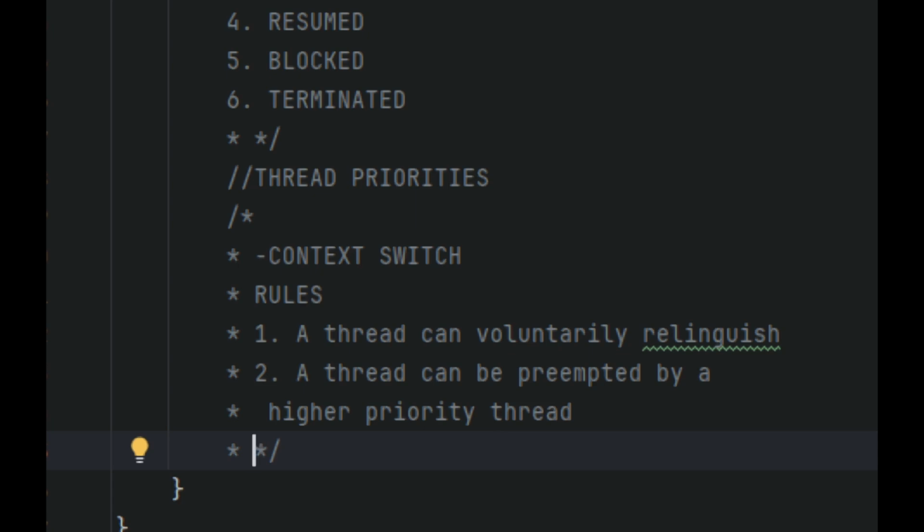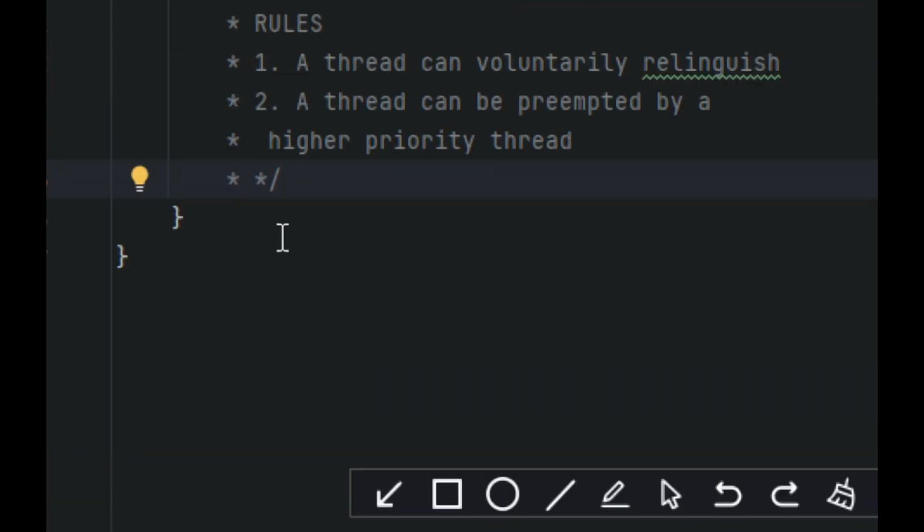But the question comes: what about the cases where we have two threads that have the same priority, and these threads are competing for CPU cycles? If you look at this situation, you realize that it is a bit complicated.